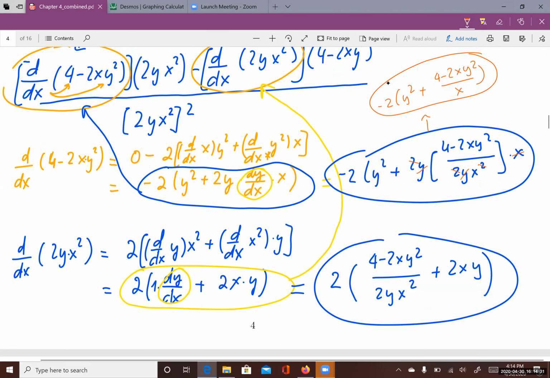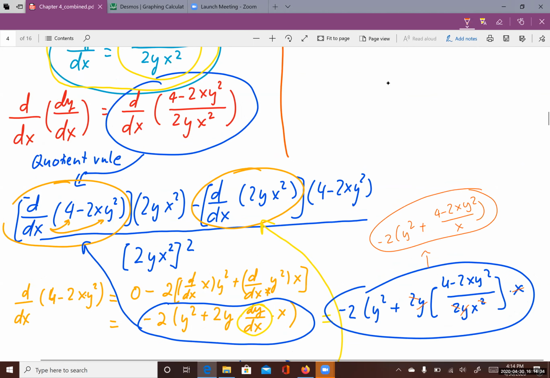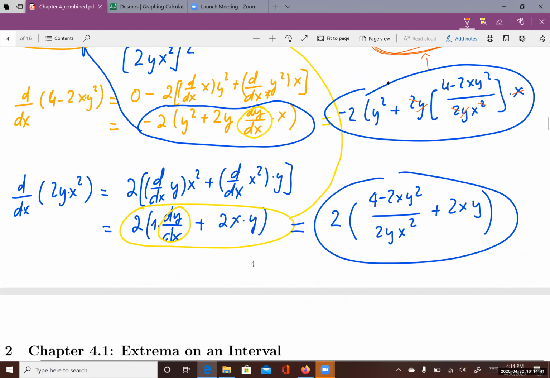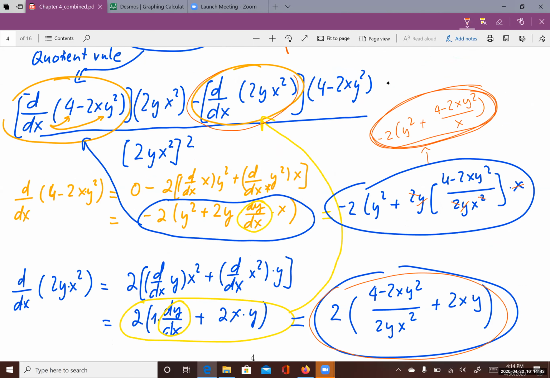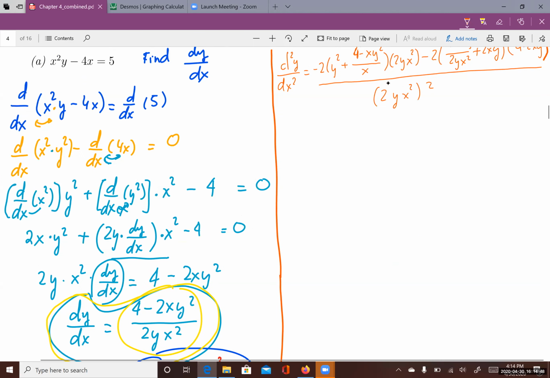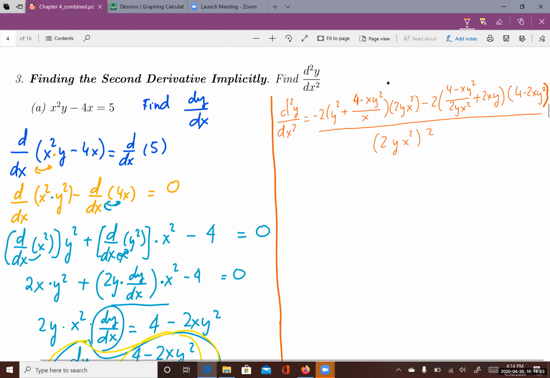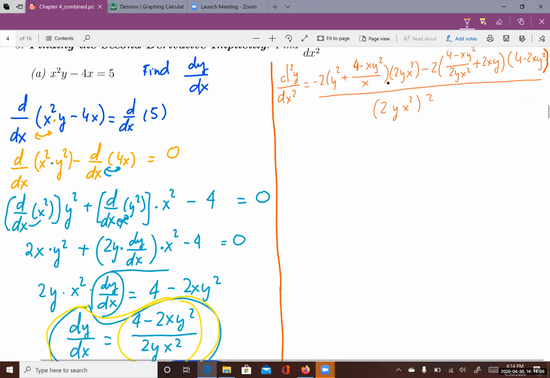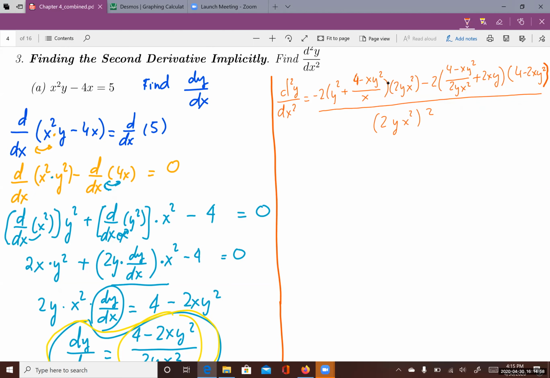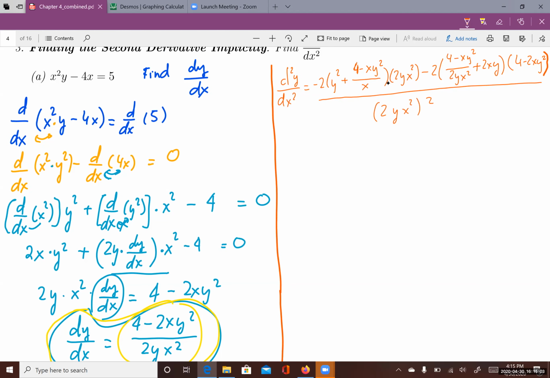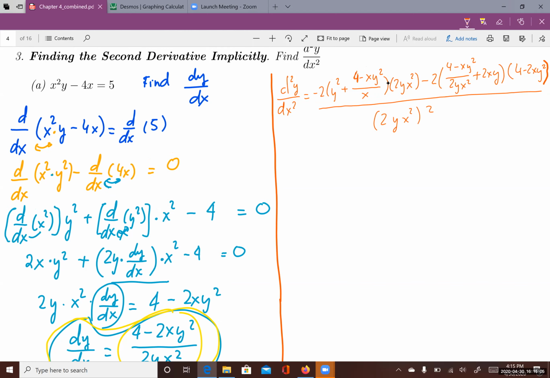And then we put this expression here into this differentiation, and this expression here into this differentiation to find the second derivative, which is up here. Okay, so I plug the differentiations multiplied to 2y squared, yx squared minus the negative 2 multiplied to 4 minus 2xy squared. It's a long expression.